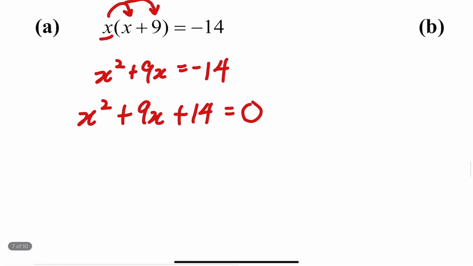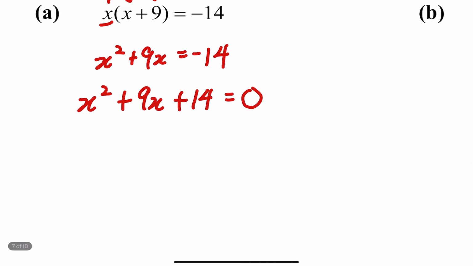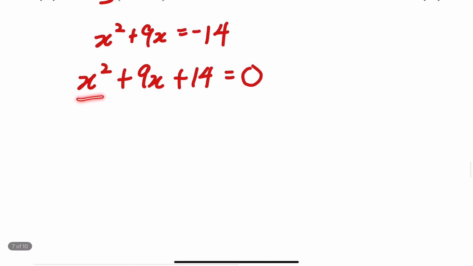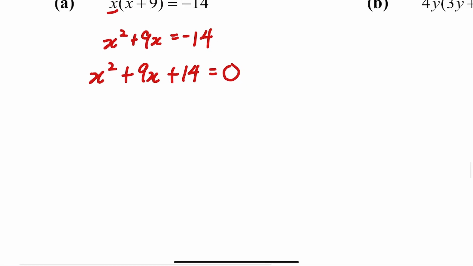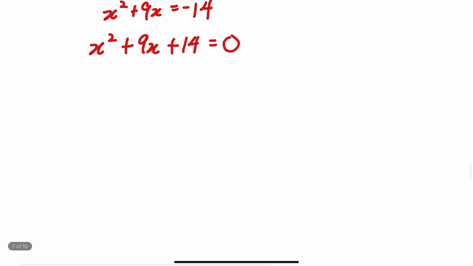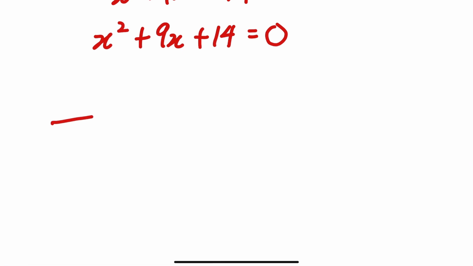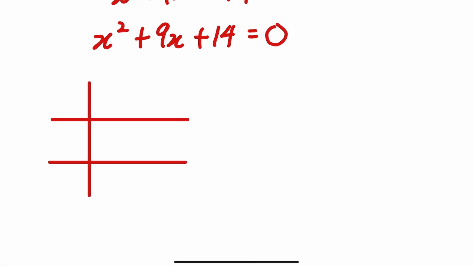Okay, then once I have done that, now I need to factorize this quadratic expression here. You should remember either your cross method or the tic-tac-toe. Let's draw the multiplication frame or the tic-tac-toe here to factorize this quadratic expression. Okay, so over here I have x squared and 14.